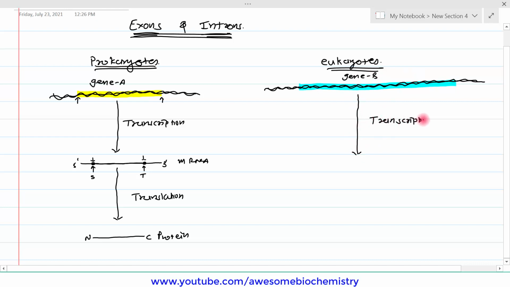Transcription is the synthesis of RNA from the DNA. So, starting from this and ending with this, RNA gets synthesized. So, this is the RNA. Suppose this is the 5' end and this is the 3' end, and suppose this is the mRNA. This transcription is a nuclear process. It occurs in the nucleus.